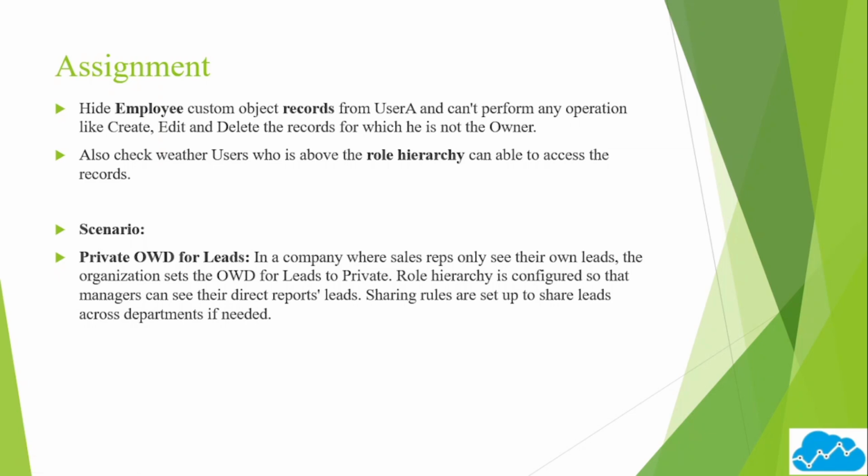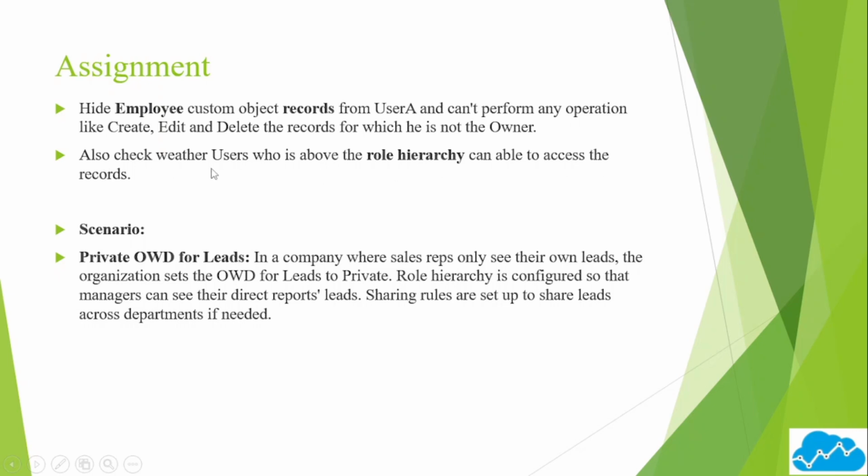If the owner of the record is some different user, on that record he can't modify, edit or delete the record. Also we have to check whether users who are above in the role hierarchy can access the records.